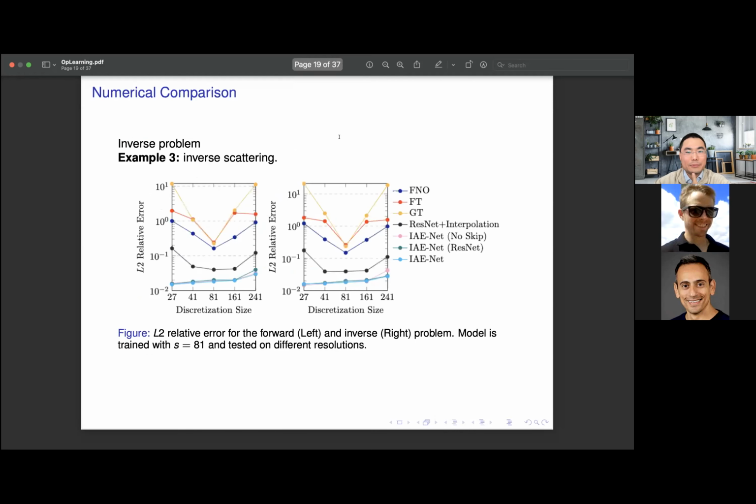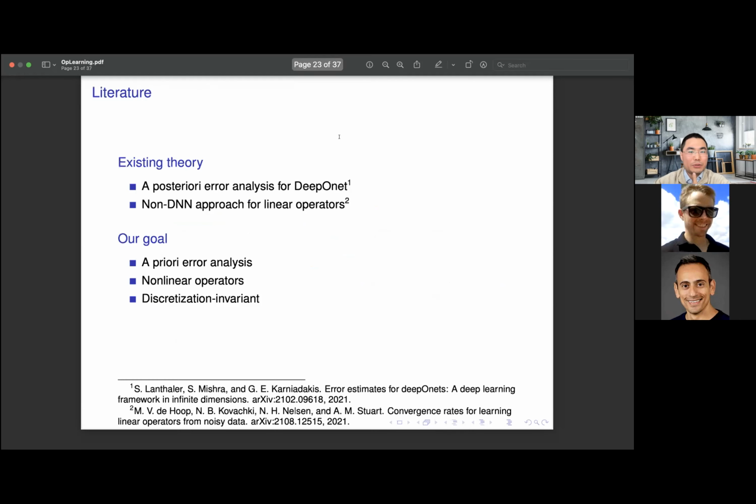So the second part is to discuss the accuracy of this kind of operator learning algorithm. And you can also see the role of dimensionality in the learning accuracy. To the best of my knowledge, we can only find two recent papers on this object. The first one is developed by the DeepONet.